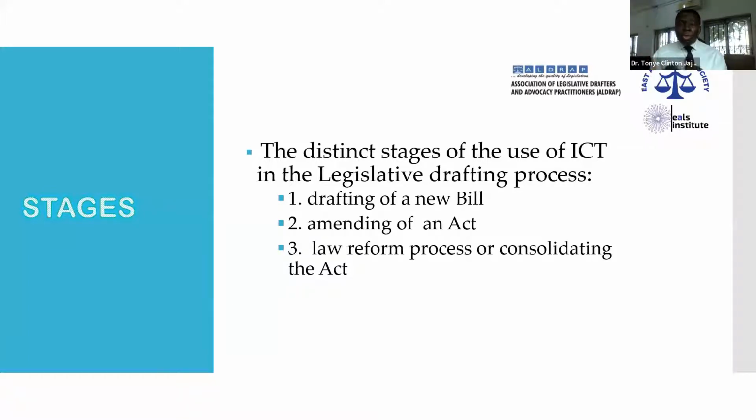So all I need to do as a drafter is to search through the index. I will select the law that I want to amend, because amendment means there's an existing law. So for me to amend it, I have to choose from the index and click on the law that I want to amend before I begin amendment. So this is how I can use ICT in legislative drafting.